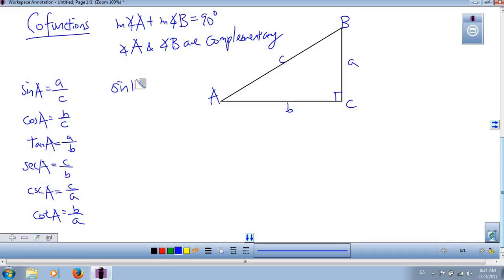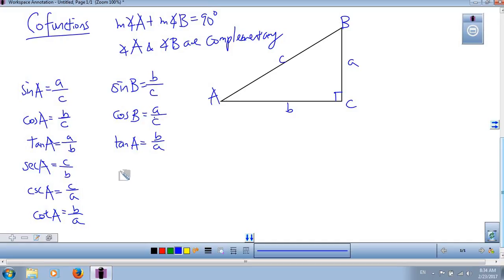Okay, so let's look at angle B. Now keep in mind angle A and angle B have a certain relationship. They are complementary of each other. So for angle B, sine B is opposite over hypotenuse, which is B over C. Its cosine B is going to be equal to adjacent, A over C. Its tangent is going to be opposite, which is B over A, right?